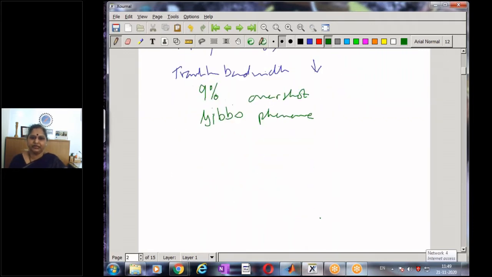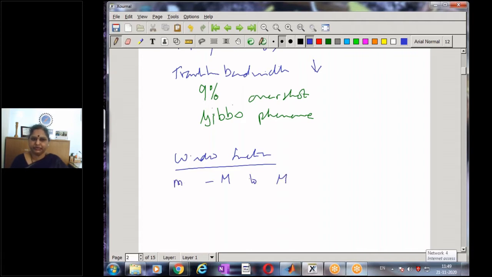So to overcome that, we have to use other window functions. We have a large number of window functions. Again, the window functions will be of finite duration that extend from minus m to plus m.